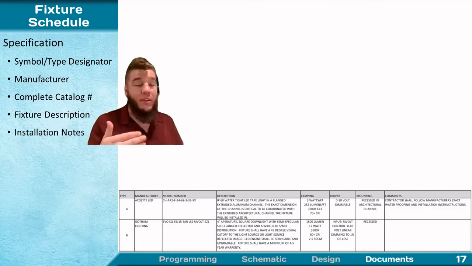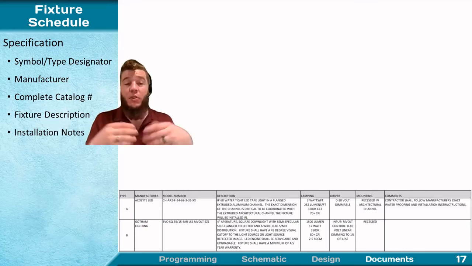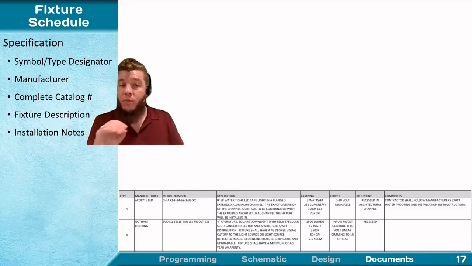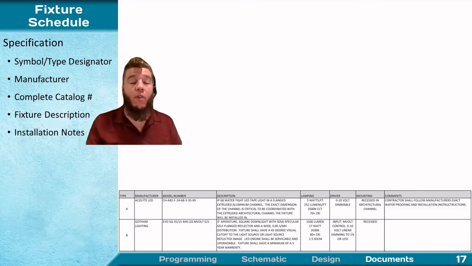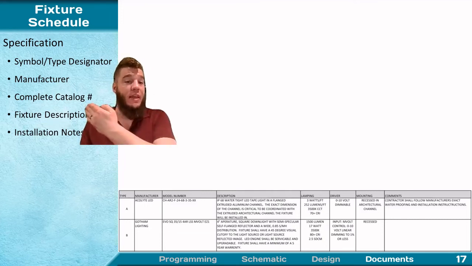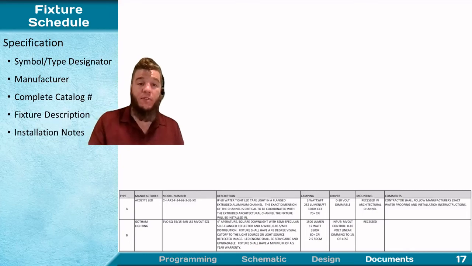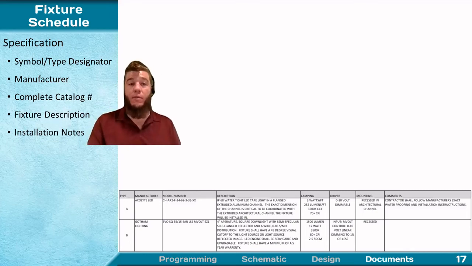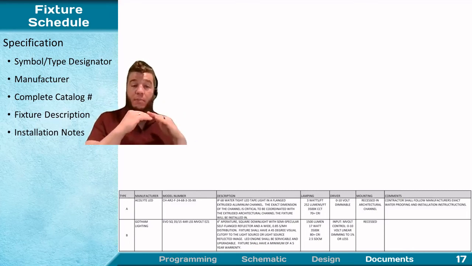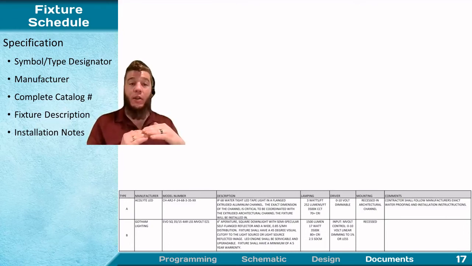So, what is the lensing? Did you change the finish? Do you want a higher output package? Do you want a different CCT? All of that information is contained in the complete catalog number. And so that's a big thing that I want to see on your fixture schedule: a completely specified catalog number.